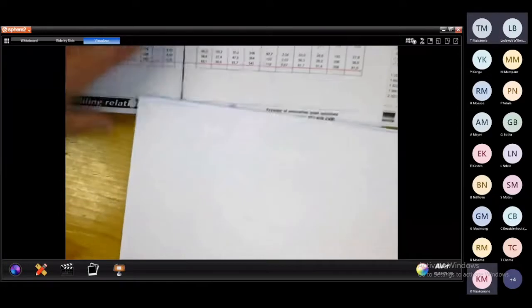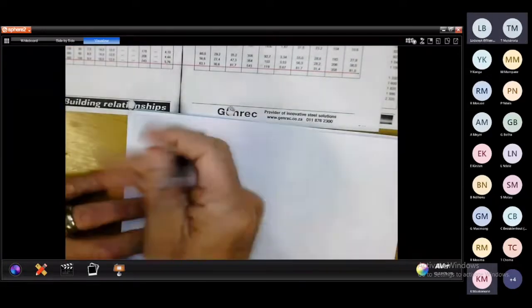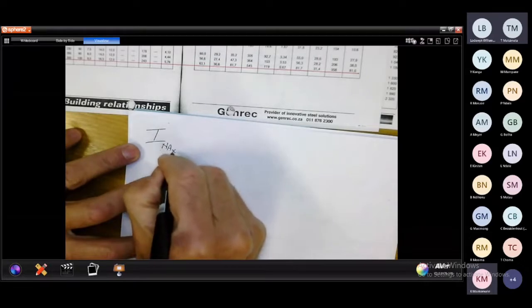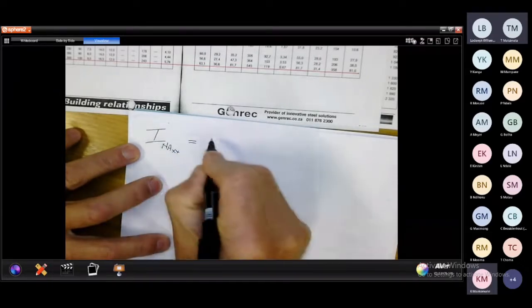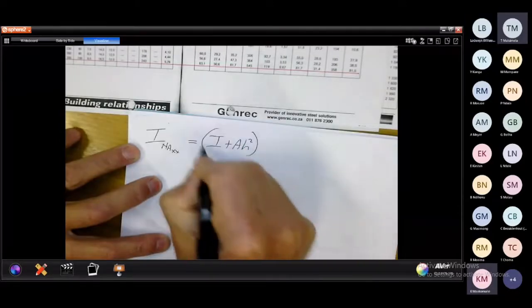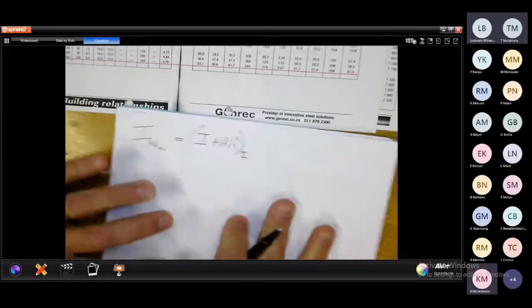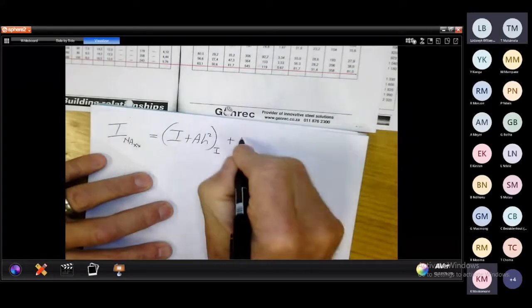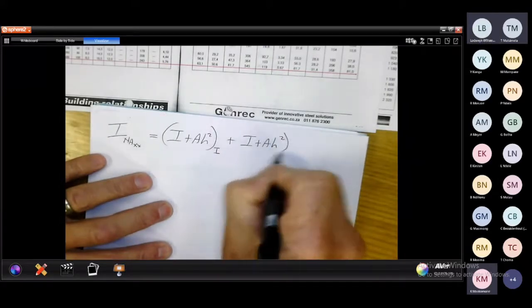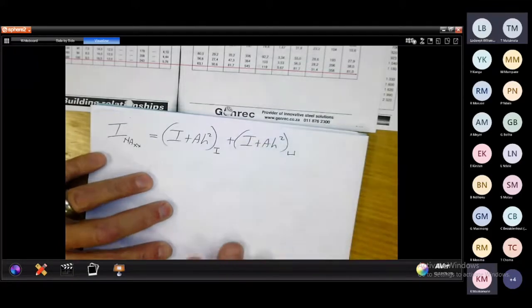Right, let me move on. Now I must calculate my second moment of area through my neutral axis XX, which is I plus Ah squared for my I section, plus I plus Ah squared for my channel.